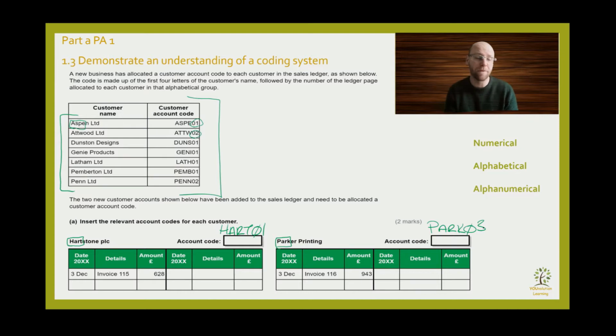We saw Aspen Limited and Atwood Limited. So Aspen was ASPE01, and then Atwood, because it's the second A, is ATTW02. And then we just follow that sequence when we're looking at the accounts we're provided with in this task. Okay, so that's part A.